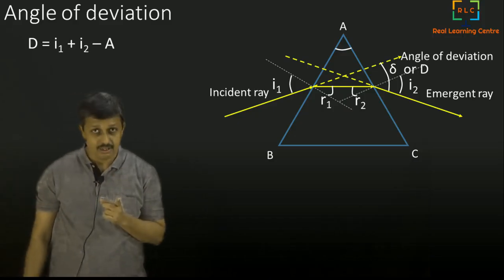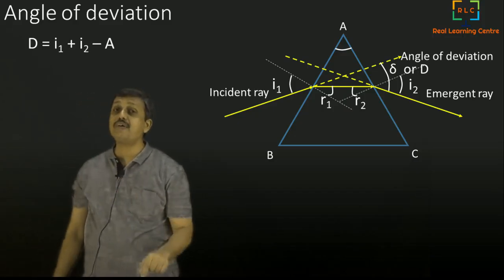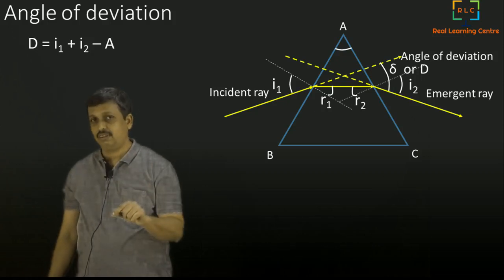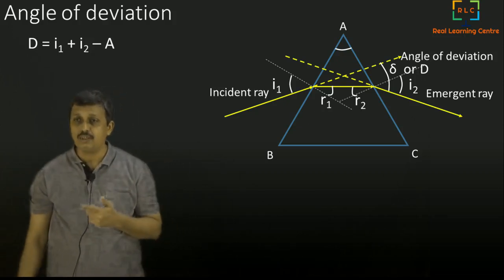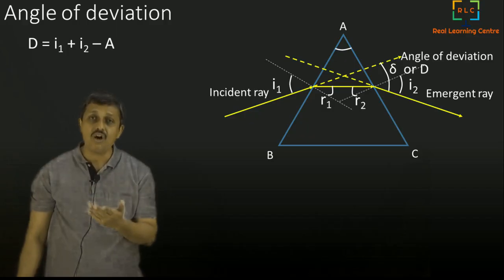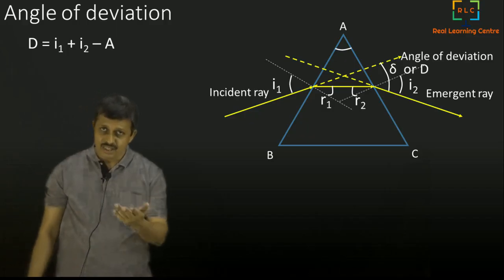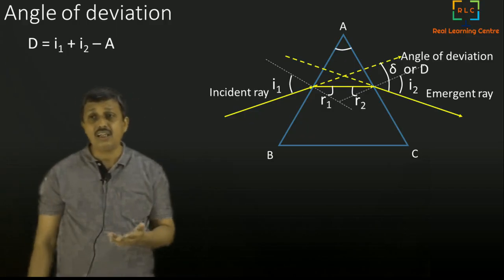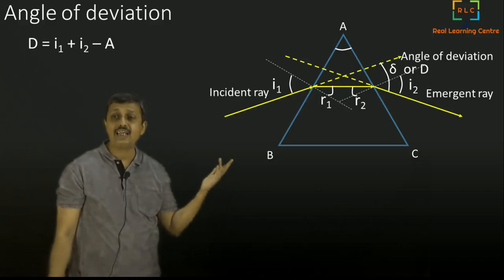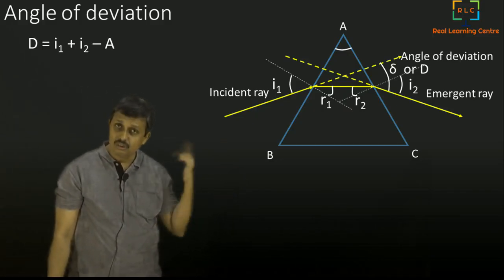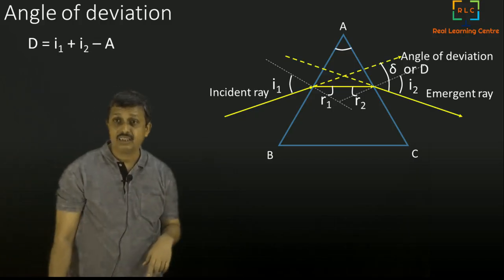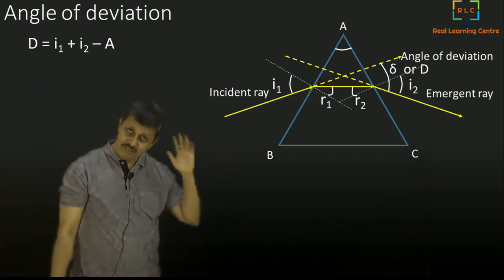But remember that I2 is again dependent on I1, because I2 is the emergent ray and it is dependent on the refractive index and the angle R2, because sin I2 by sin R2 is also the refractive index, and sin I1 by sin R1 is the refractive index.